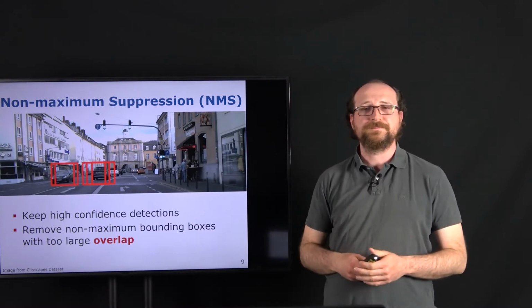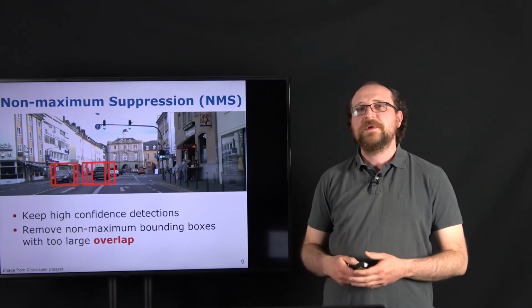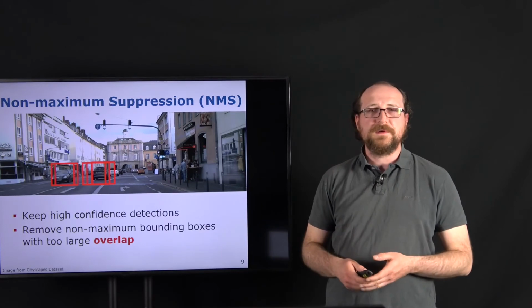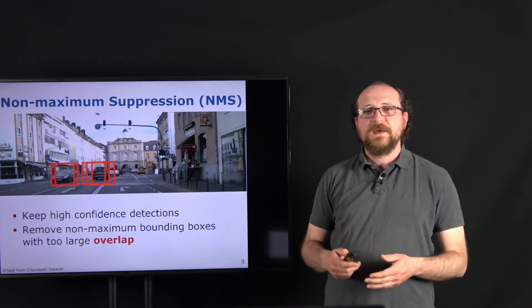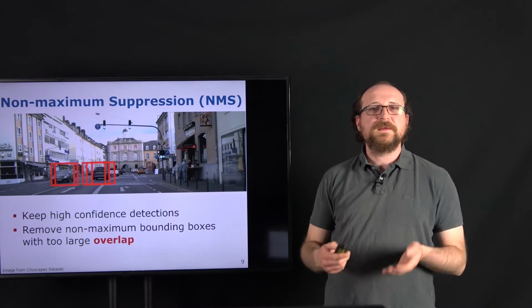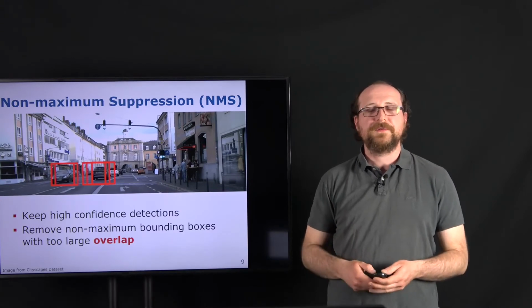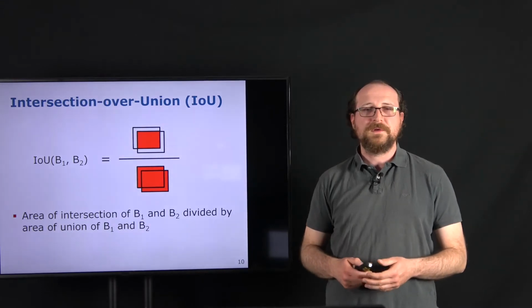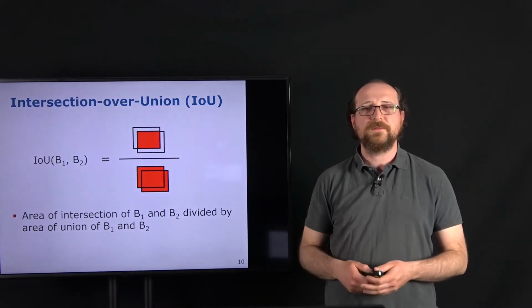And for this, we have to talk a little bit about how large the overlap between the regions is. And for this, we have to define what the overlap between two bounding boxes is. And for this, we are talking about the intersection over union. The intersection over union of two bounding boxes is very easy.